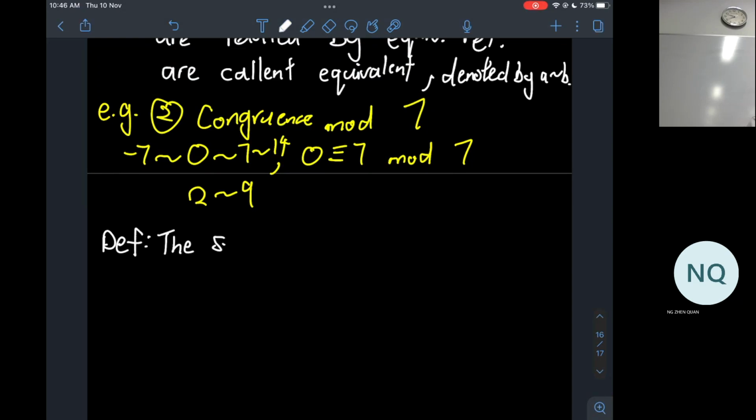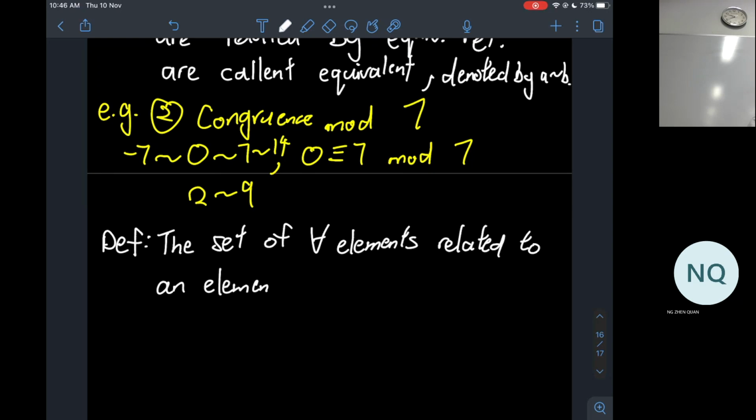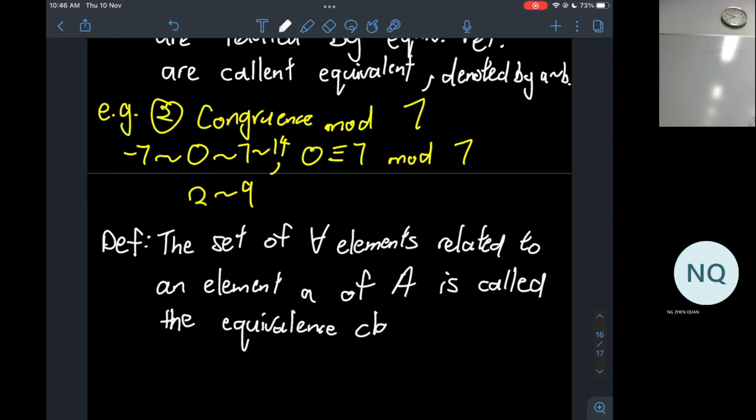The set of all elements that are related to an element a of A is called the equivalence class of a. So the equivalence class is the set of all elements that are equivalent to a.